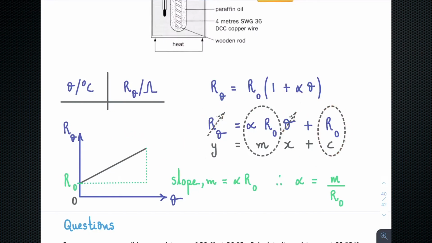Don't forget that R naught means the resistance of the metal at 0 degrees, and a gradient which is equivalent to alpha R naught. So therefore we can determine alpha simply by dividing the gradient by R naught. Let us now look at a couple of questions.